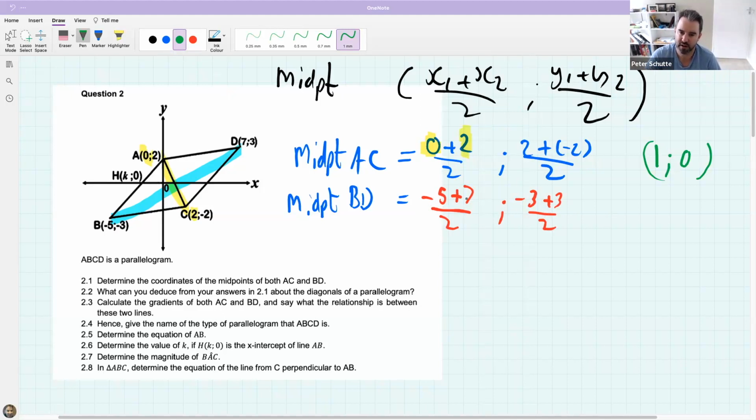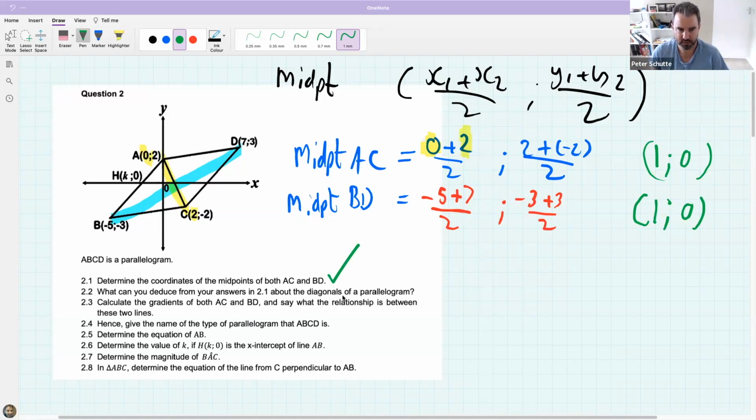I get minus 5 plus 7 is 2, 2 over 2 is 1, and then minus 3 plus 3 is 0, so I get that. The interesting thing is the midpoint of AC, Ayanda agrees as well, is the same as the midpoint of BD. And that might be telling us something.